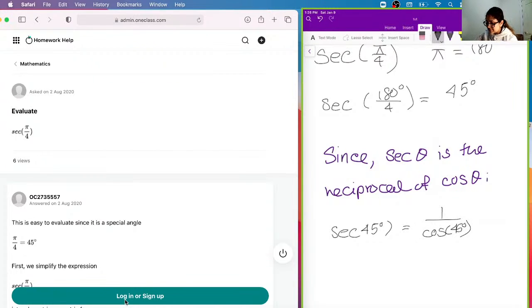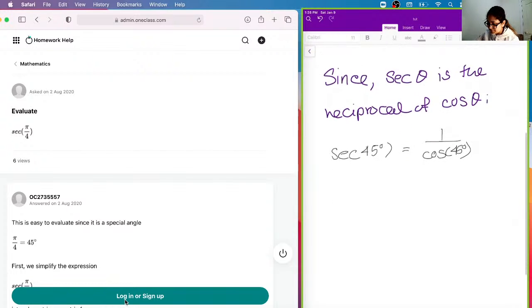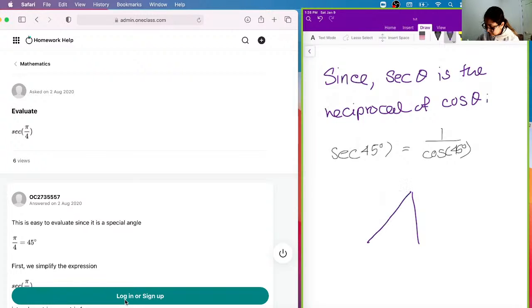Okay, so our 45-degree angle is a special triangle, and if you guys recall, I'll just draw out the triangle. This is 90 degrees, and this would be 45.